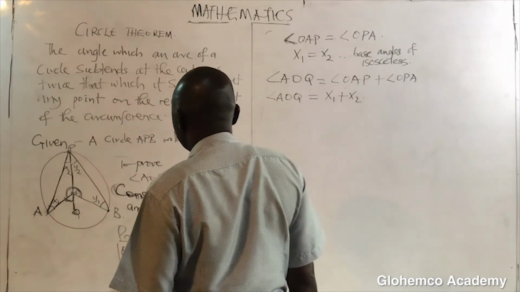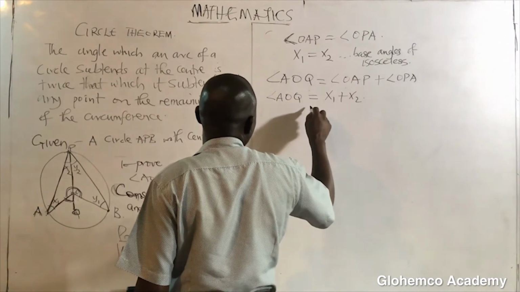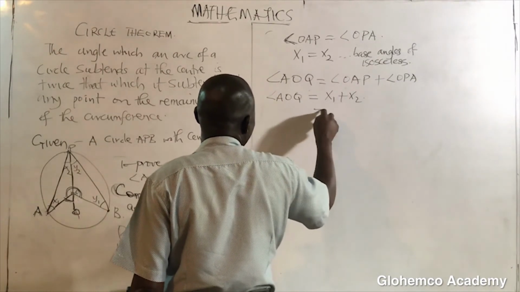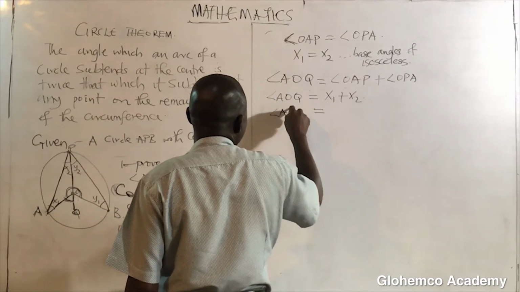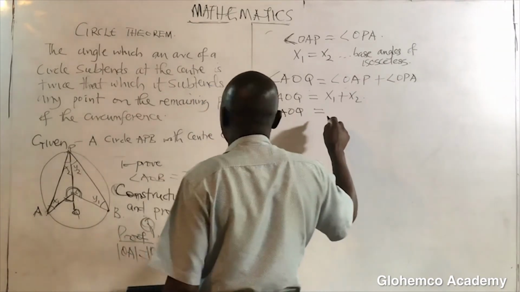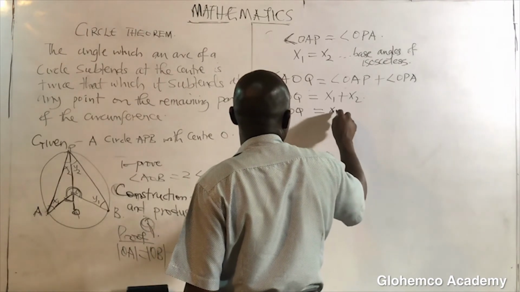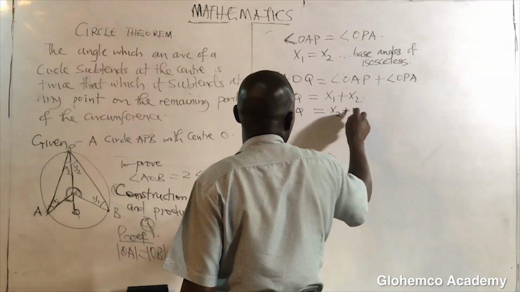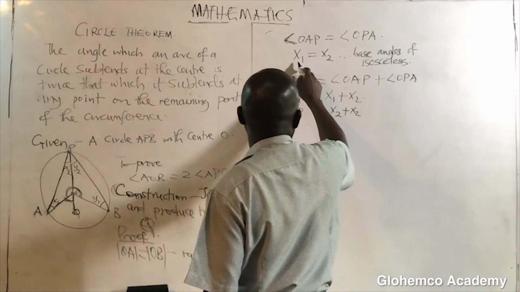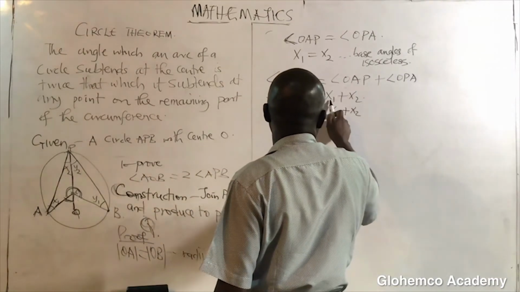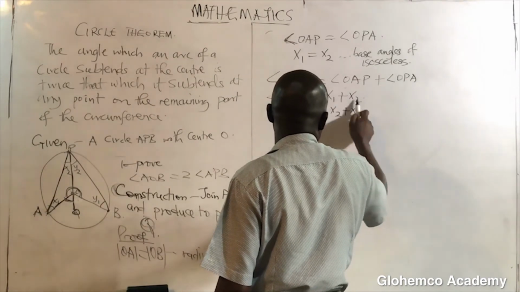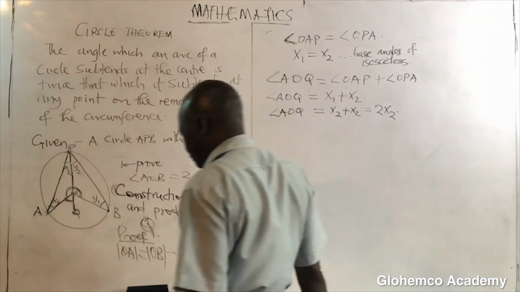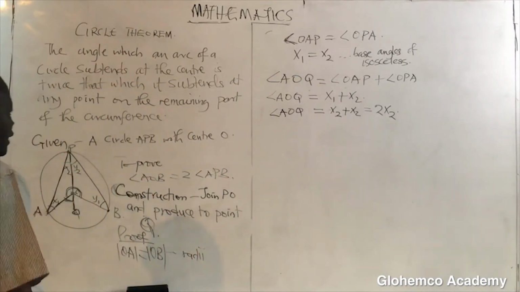Meaning that since x1 is equal to x2, we can now say that our angle AOQ will be equal to x2 plus x2, because anywhere we see x1, instead of x1, we change it to x2. This is x2 plus x2, and this will now give us 2x2.